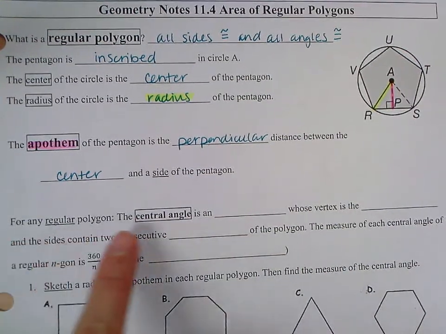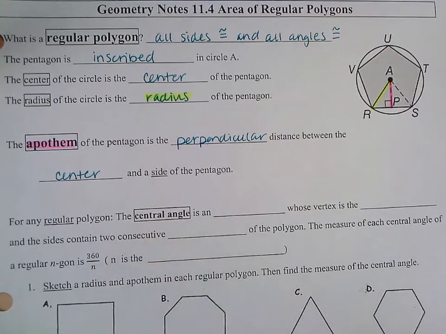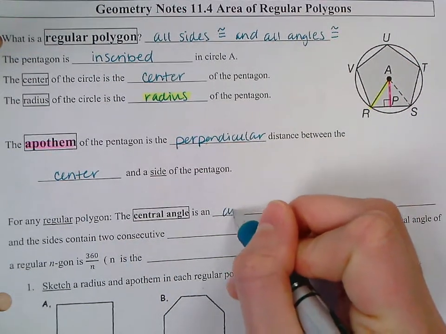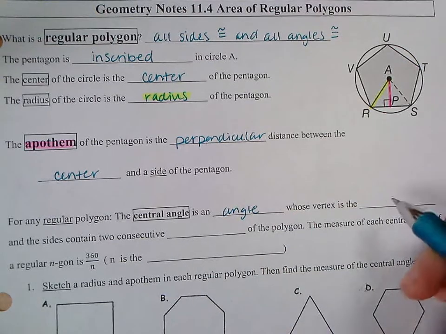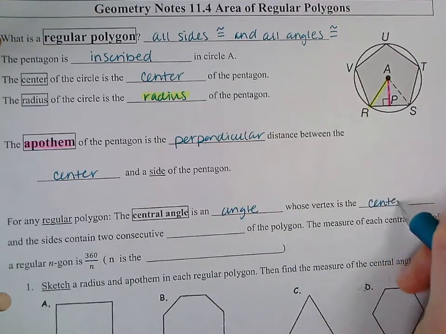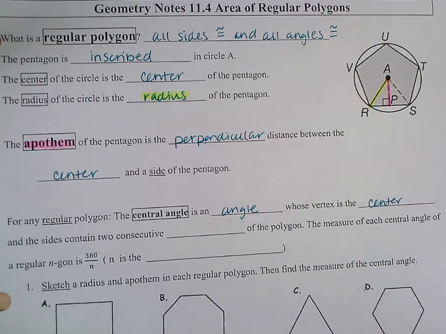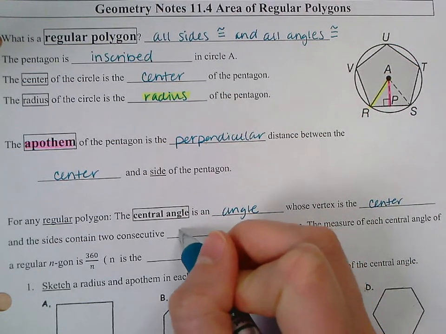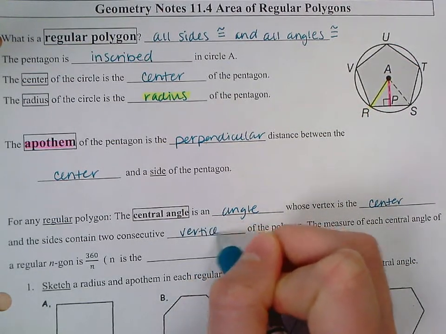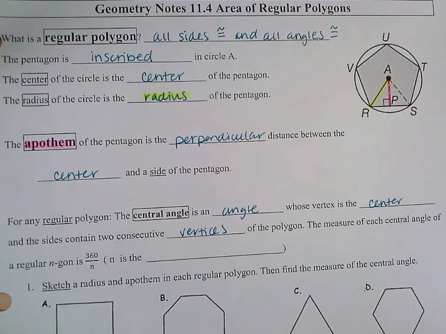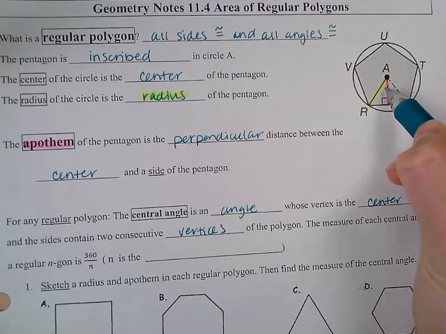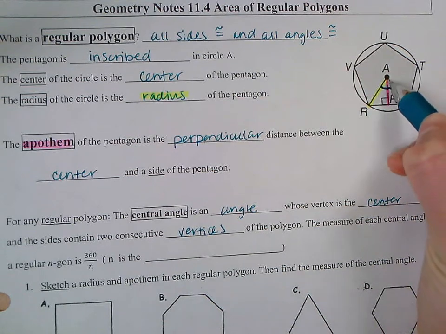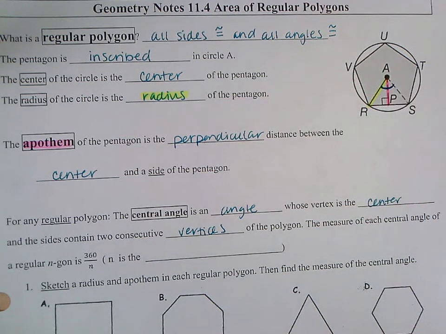So for any regular polygon, the central angle is an angle whose vertex is the center, and the sides contain two consecutive vertices of the polygon. So again, this entire angle here would be the central angle. So the apothem divides it in half.